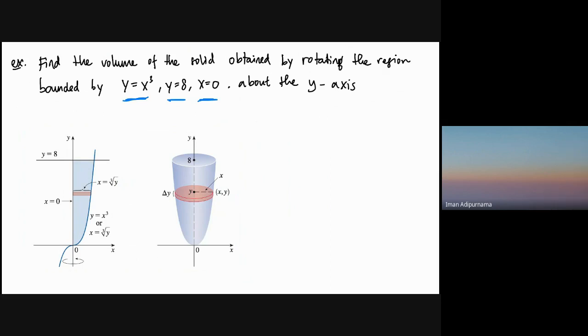Now from the picture, we are going to use dy, because if you use dx, you will have difficulty finding which one is our radius and which one is our disk. It is better to start with dy, so we have a good shape of a disk.